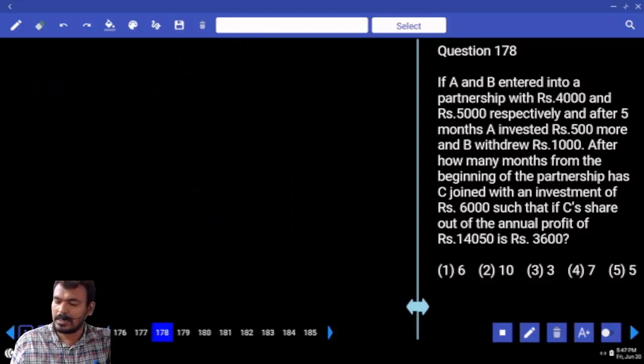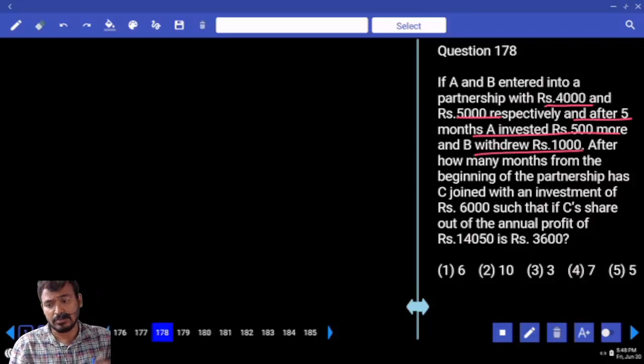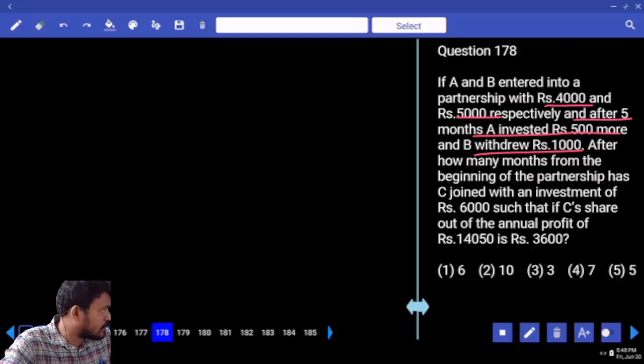First, A's investment is 4,000 and B's is 5,000. After 5 months, A invested 500 more, but B withdrew 1,000. C joined with an investment of 6,000.